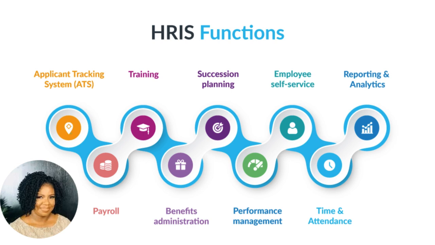You can use that to create a strategy for your next quarter, for your next month, or for your next year. You understand? So one of these functions is performance management. You can monitor an employee's performance through the HRIS system, and you can help an employee quickly to handle whatever issues they're having.